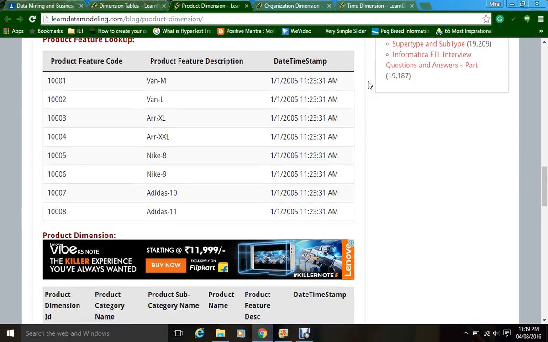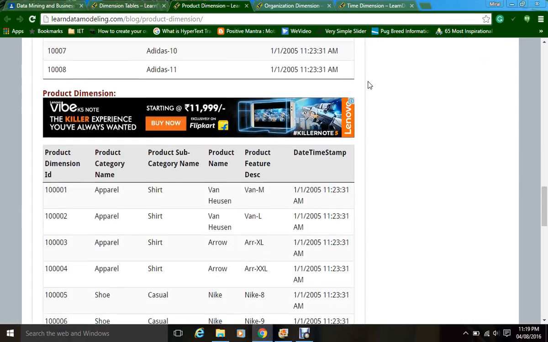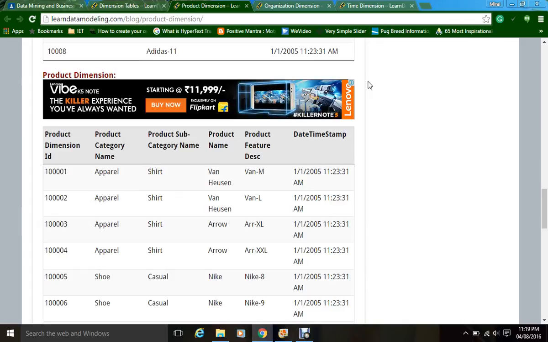But in product dimension, all these tables are merged into one, and thus we can get relevant information about which kind of products have what kind of features, how they are produced, and at what time they are getting sold and in how many numbers.